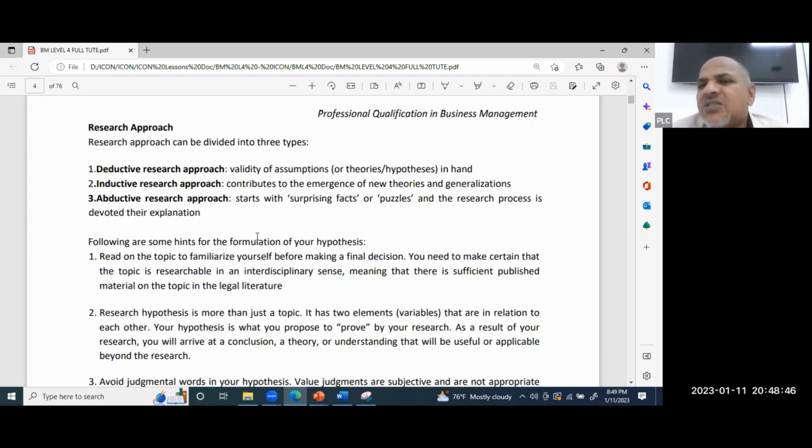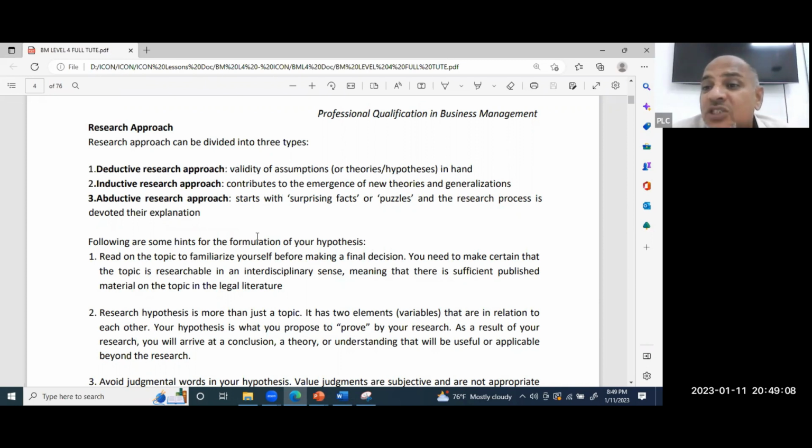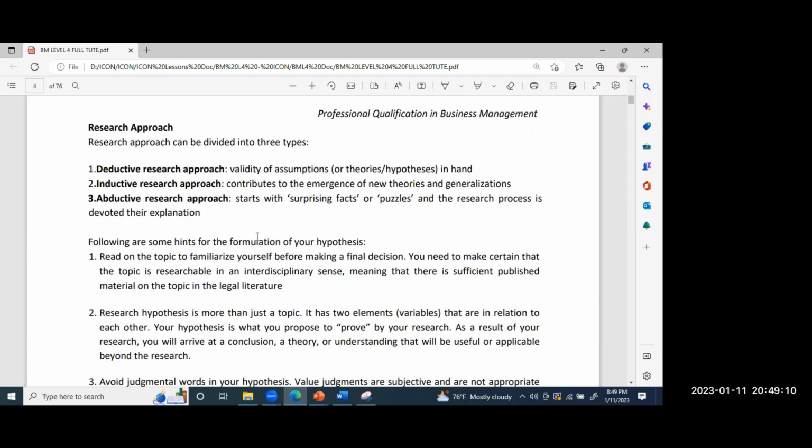Misna is doing a research. I will follow your research, and Misna tested in Colombo, I will test in a particular area. This is what we call deductive research. Same research you can take, but you can test in a different region or area. Do you understand?